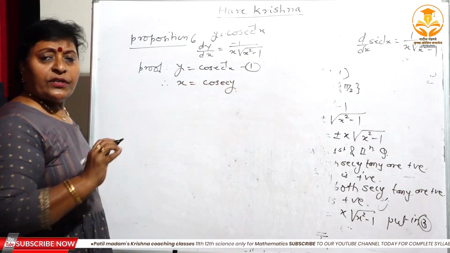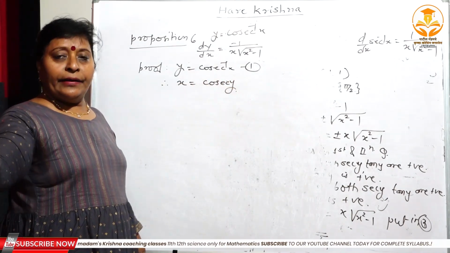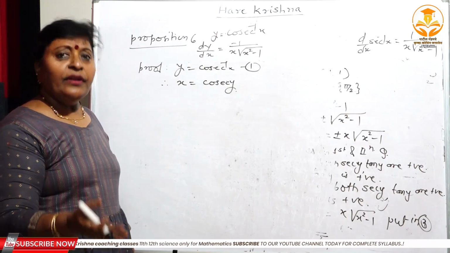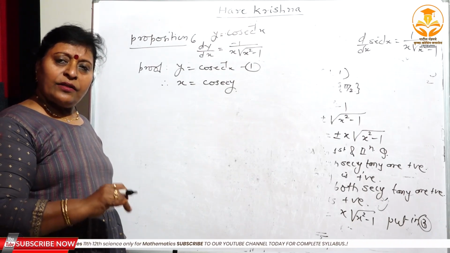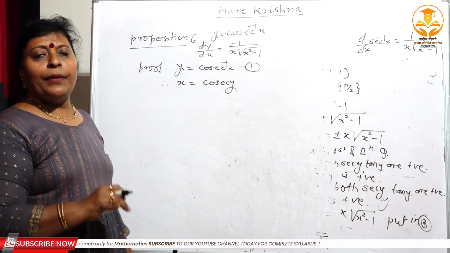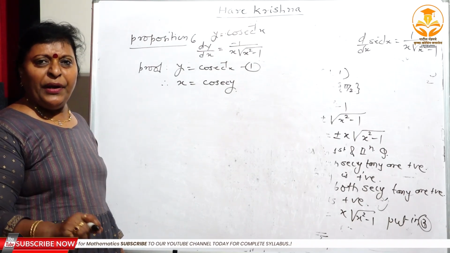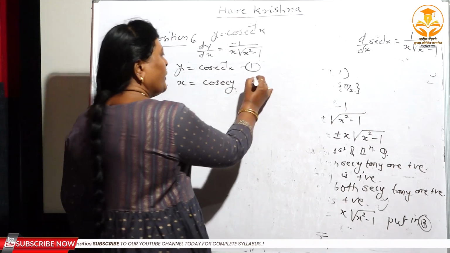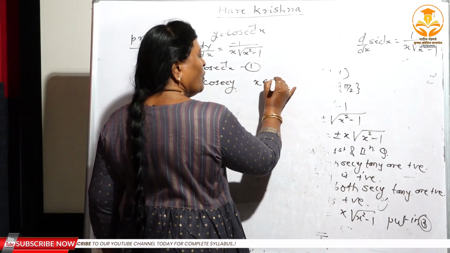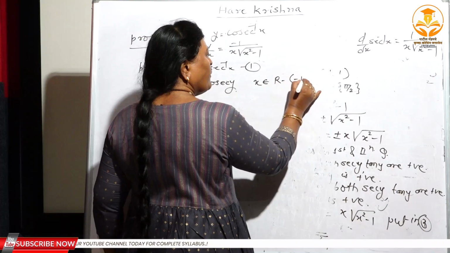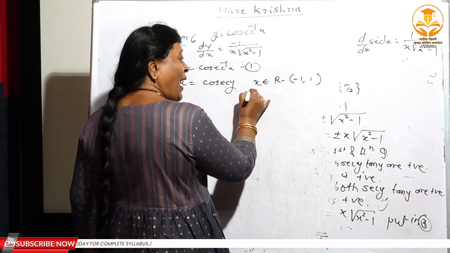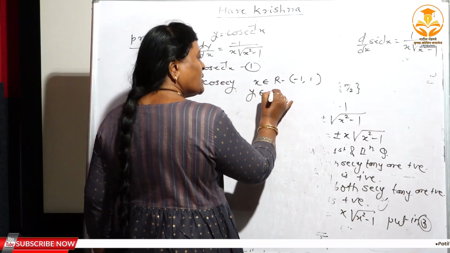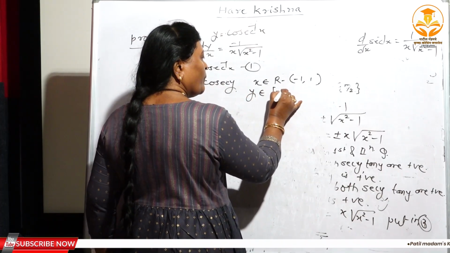Again, the cosec function takes values greater than or equal to 1 and less than or equal to minus 1, right? Therefore cosec also takes all the real numbers, but it does not take the real numbers in between 1 and minus 1. Therefore here x belongs to R minus the open interval minus 1 to 1, right? In the same way y belongs to minus pi by 2 to pi by 2.